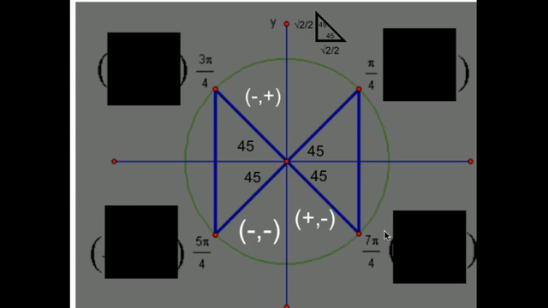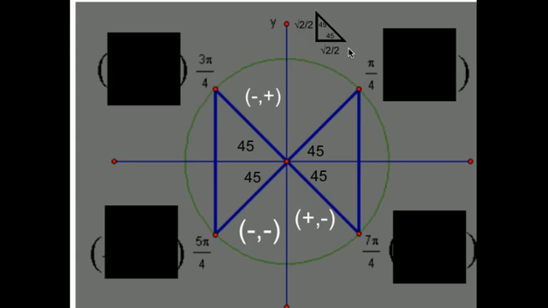If you remember from your degrees, this angle here in the first quadrant is a 45-degree angle. The reason they're all related is because if you look at the x-axis and the line that goes out to the circle for all of these points, they make a 45-degree angle. And if you drop a perpendicular line to make a triangle for all of these points, you would get a special right triangle of 45, 45, 90.